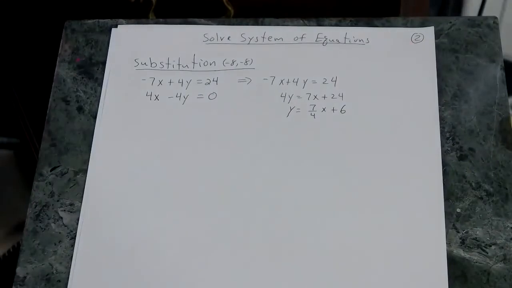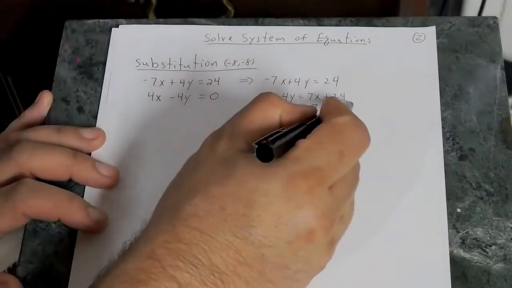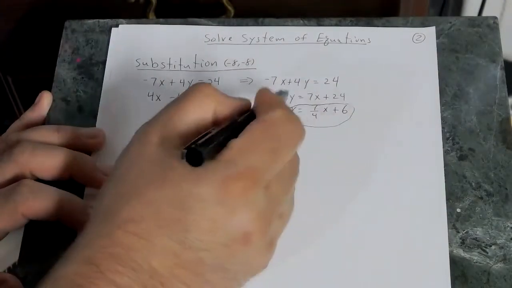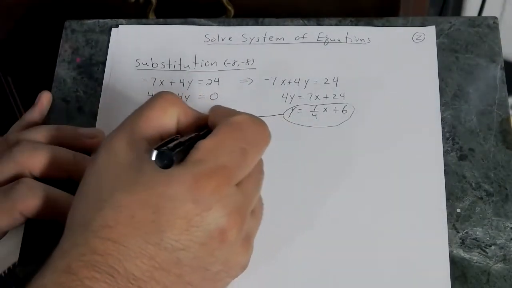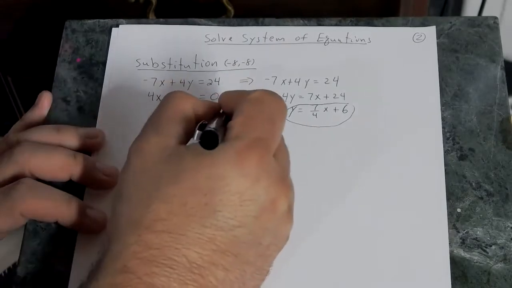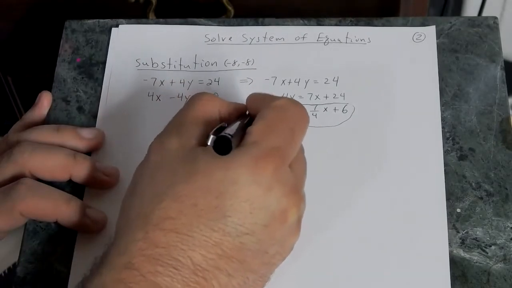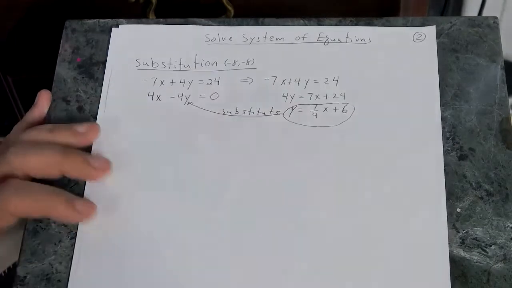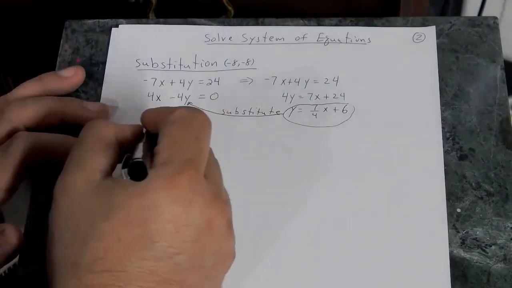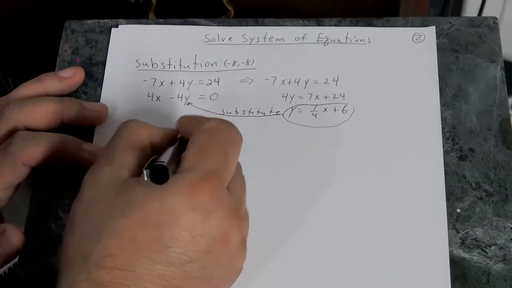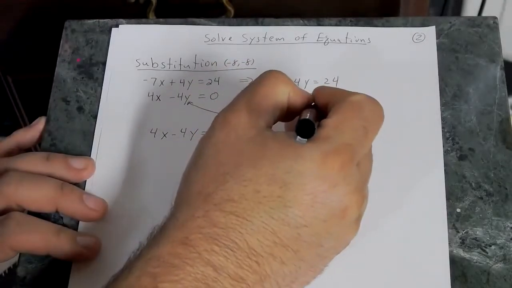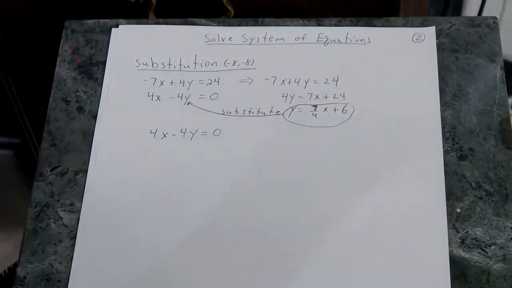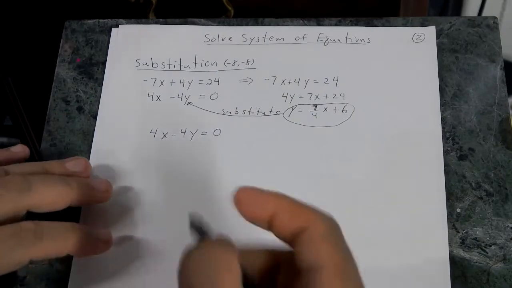All right, so now I figured out what y is. Now I'm going to plug this into the other equation that I didn't touch, which is the bottom, and substitute it into the y, hence the substitution method. I'm going to take that second equation, 4x minus 4y equals 0, and plug in y as 7/4 x plus 6 and solve for x.